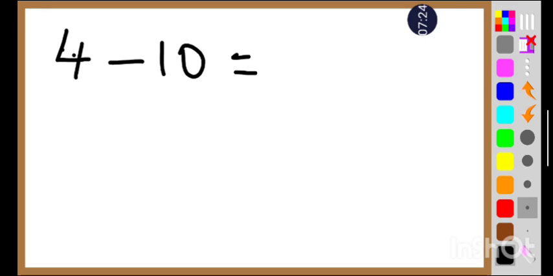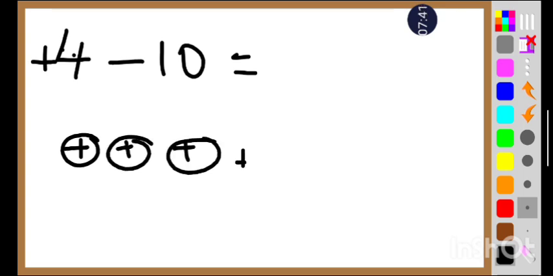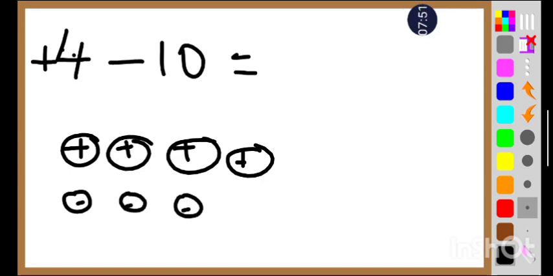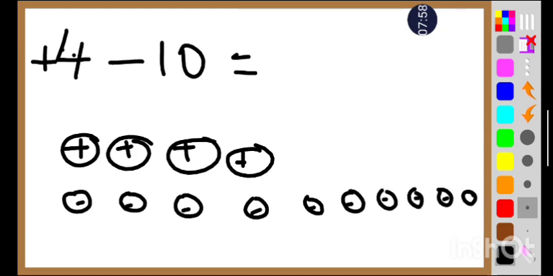Now, to avoid misconceptions, even here, concrete objects can be used. 4 means positive 4: 1, 2, 3, 4. Minus 10 means plus negative 10: 1, 2, 3, 4, 5, 6, 7, 8, 9, 10.